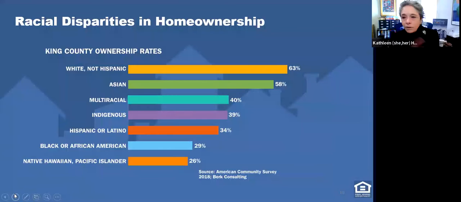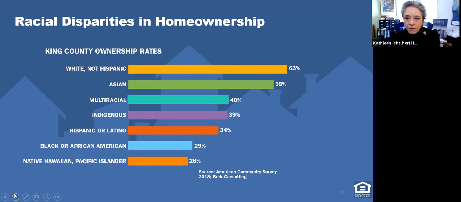So all of this combined, this legacy of discrimination and systemic inequities in housing, plus then our high cost market, mean that we have dramatic racial disparities in home ownership rates in King County.